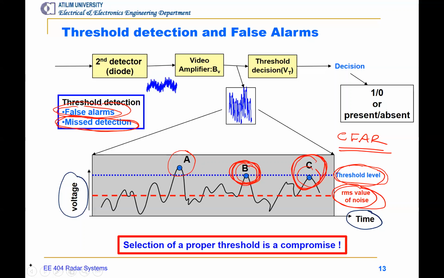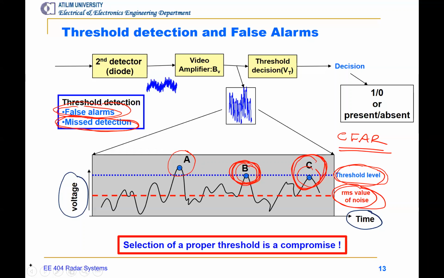Now let's look at how we see false alarm time and rate. Here we see the signal at the output of the IF stage, the IF amplifier, the envelope of the noise voltage.